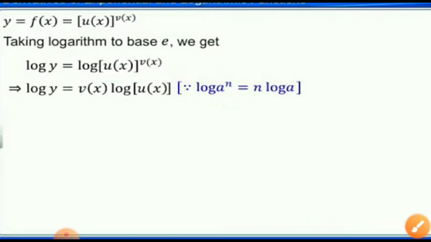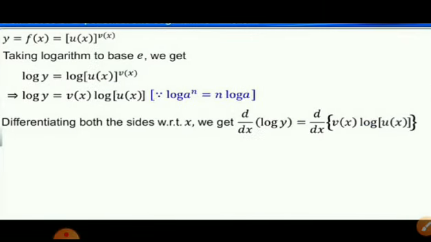After this, differentiate on both the sides. So it will be d by dx of log y equal to d by dx of the given function on the right hand side. Now, what is the derivative of log y? Yes, it is 1 by y, but since it is with respect to x, it should be multiplied with dy by dx.